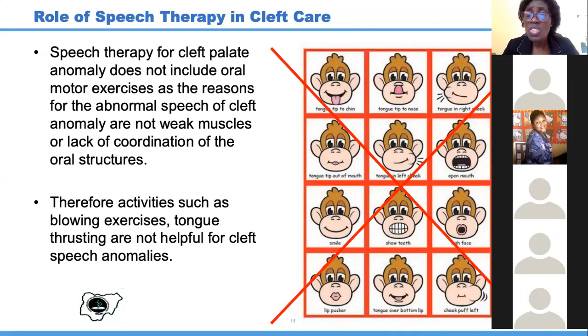It's because there is a structural insufficiency. So asking clients to do exercises such as balloon blowing, mouth blowing, twisting of the tongue, eventually they don't help. So we do not advocate that.